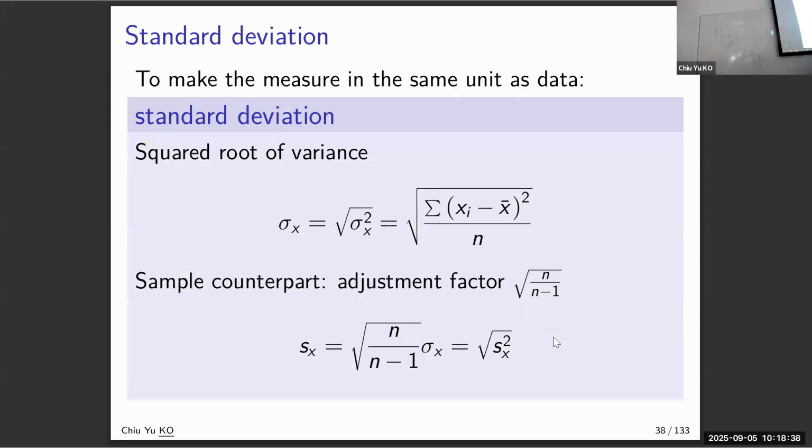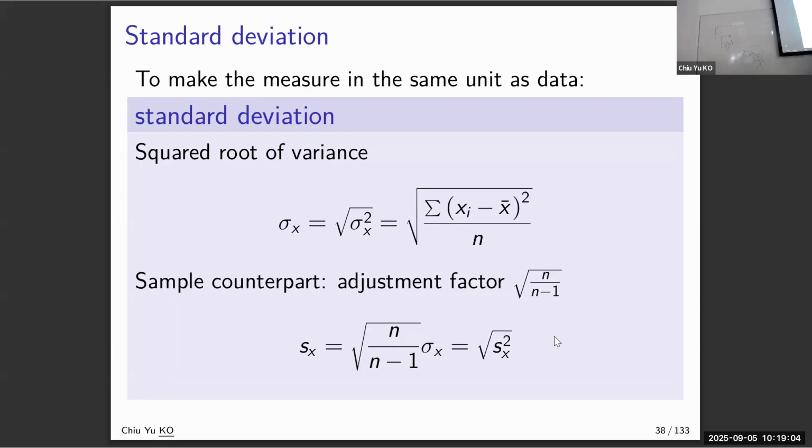So let me end the section before the break. After I talk about this, it's very quick. There's nothing deep here. Standard deviation: what is it doing? It takes a square root. And why do we need to take a square root? It's a very simple idea. Because the variance is squared, that means the units become very crazy.